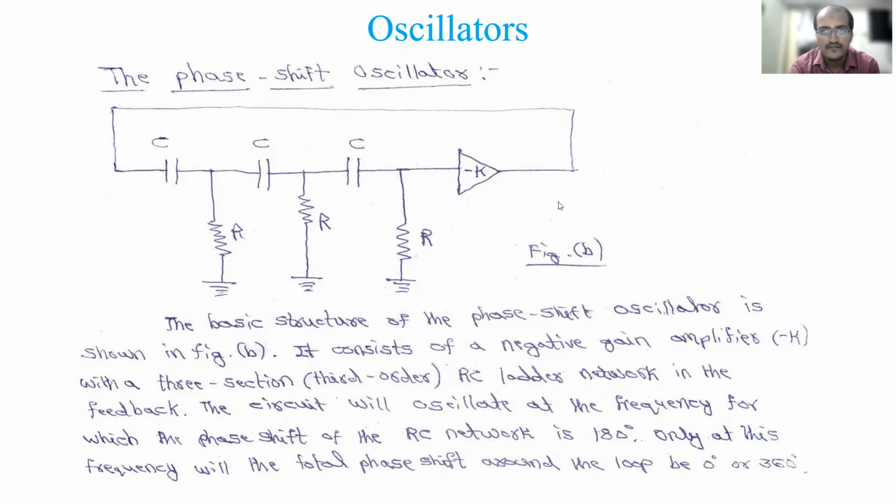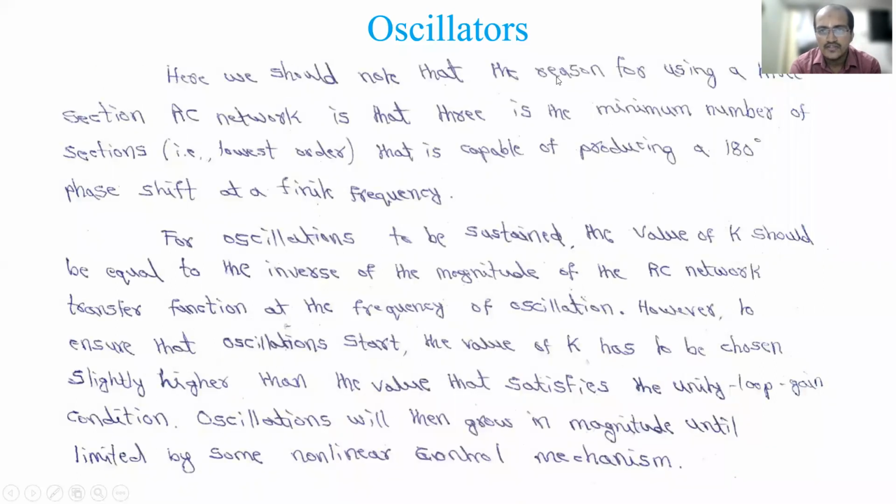Going to the next slide. We should note that the reason for using a 3-section RC network is that it is the minimum number of sections, the lowest order, that is capable of producing a 180-degree phase shift at a finite frequency. There may be a question: why three sections, and why is that the minimum?